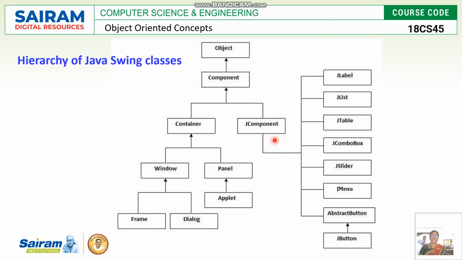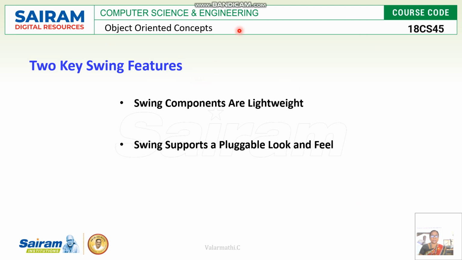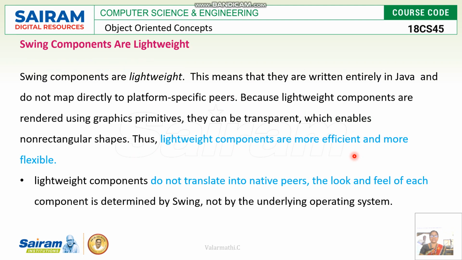That's why Java Swing provides more powerful components. There are two very important features provided by Java Swing. One is that Swing components are lightweight, and the other is that Swing provides the pluggable look and feel.